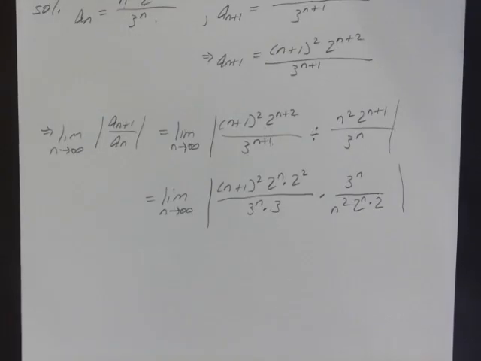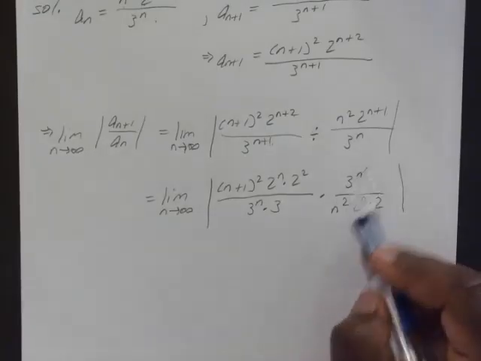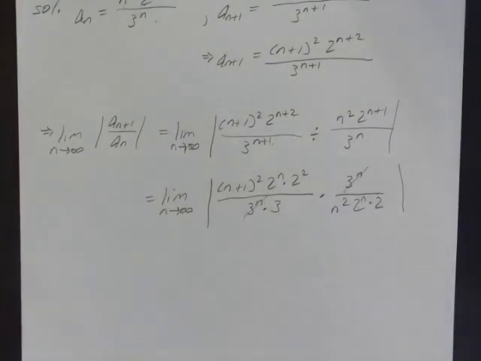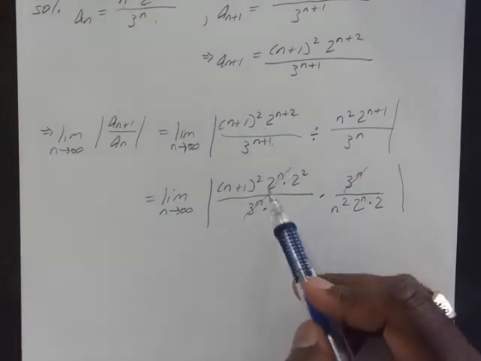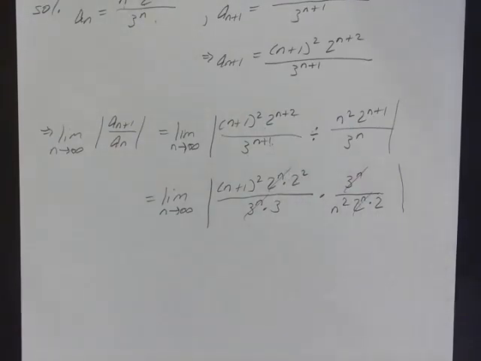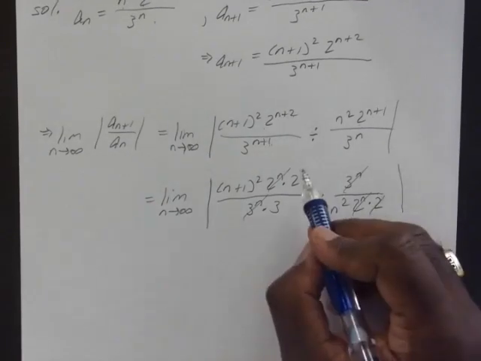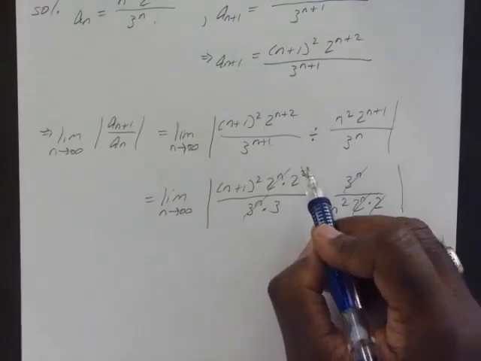And from there, we can start canceling stuff out. We have 3 to the power of n cancels out with that one. This 2 to the power of n cancels out with that one. And this 2 cancels out with one of these two, so we can just make that to the first power.